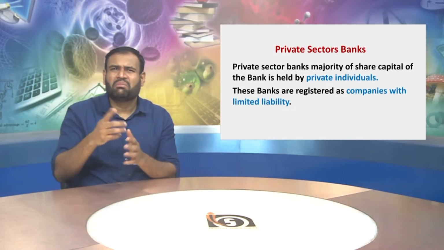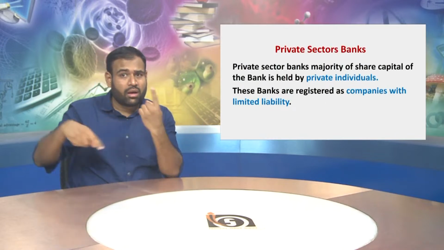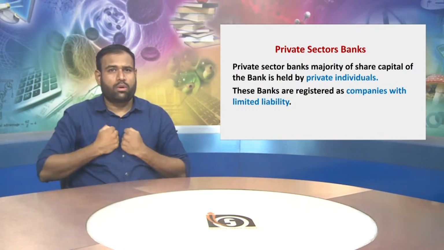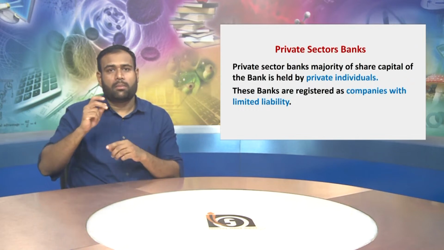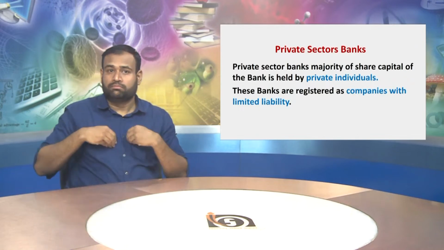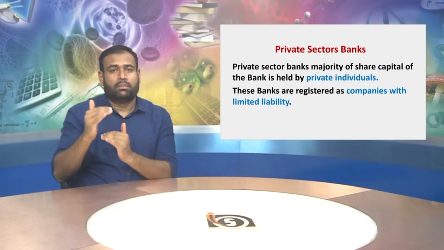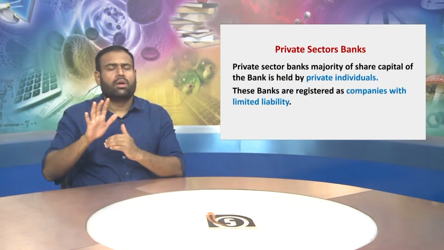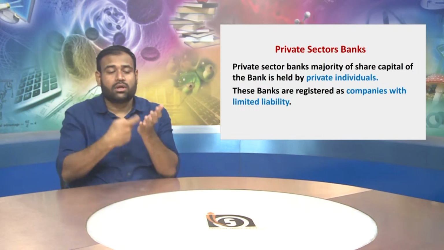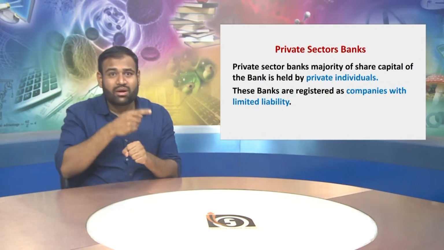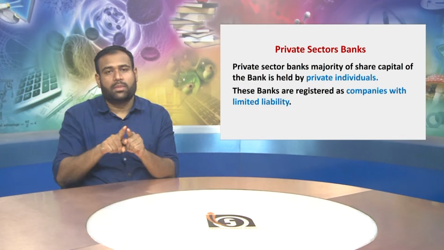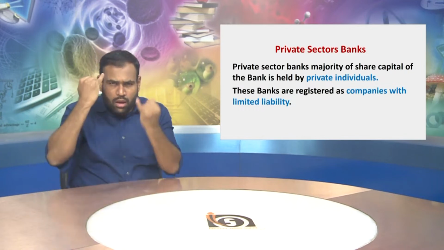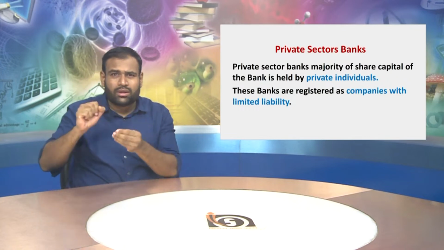So the first one we understood. Now this is the second type of bank, which is private sector bank. In private sector banks, the majority of the share capital of the bank is invested by private individuals. And these banks are registered as companies with limited liability.